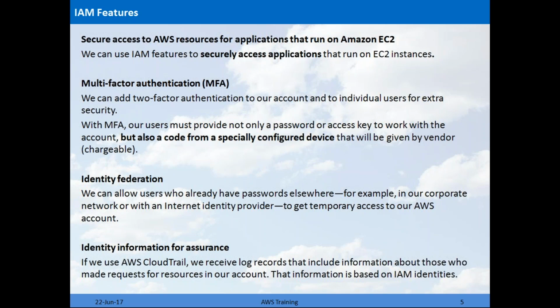Along with your username and password, if you give that key from the specially configured device, then you will be entering into it. Whenever you are opting for MFA, that is chargeable. That charge will be only for the device, not for the security that they are giving. So hope you understood. Apart from username and password, you need to give the key by means of a device which will be sent by AWS.